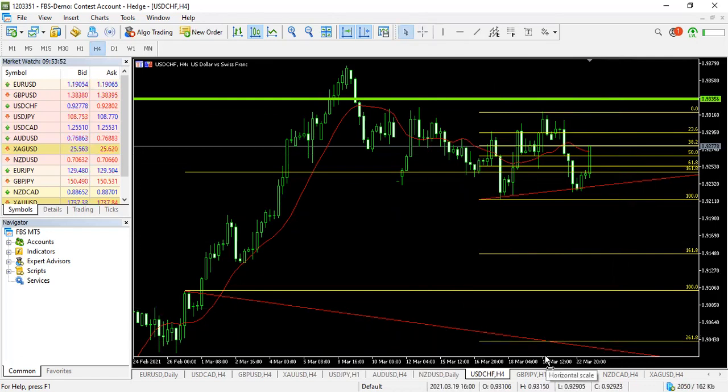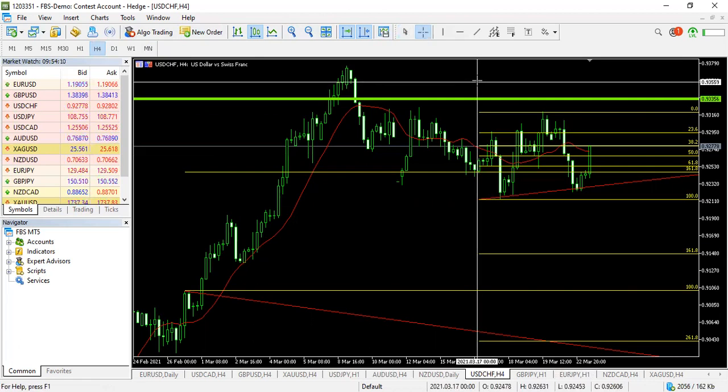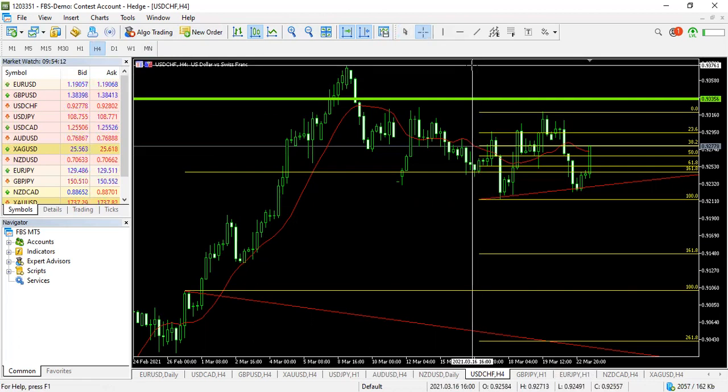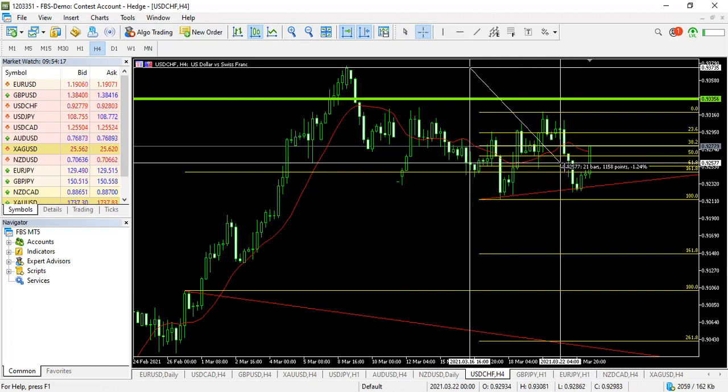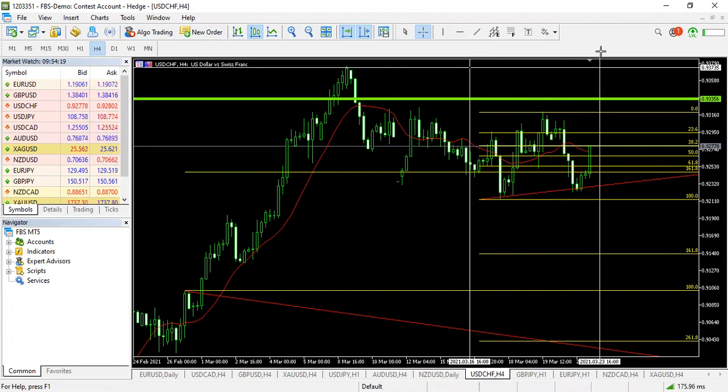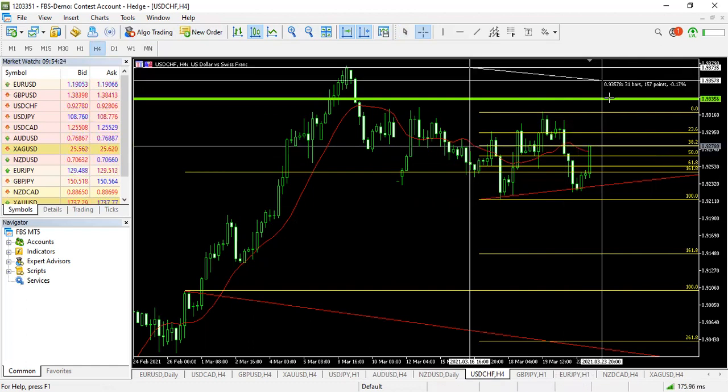And the pivot point for this week on the USD Swiss franc would be at 0.9372, which is around here. So I'll be looking at this area. If the market gets to that, it will be my pivot point for the week.